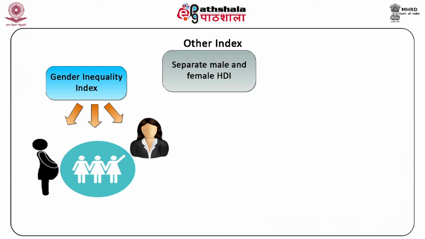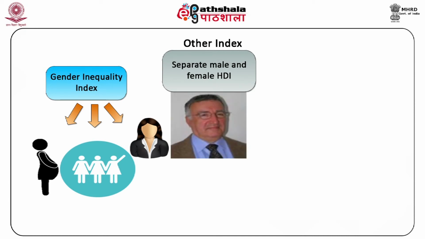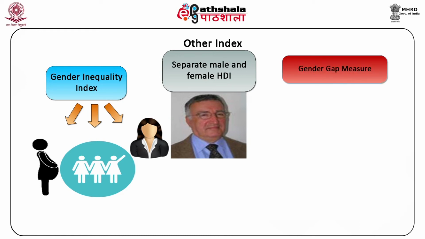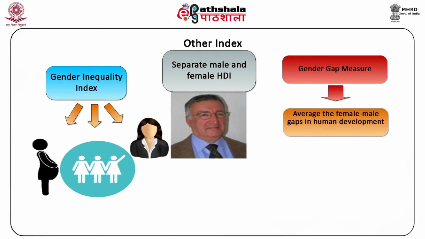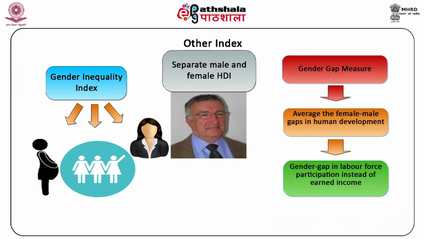Separate male and female HDI: economist Halis Akdar proposed in 1994 the calculation of separate male and female HDI. Gender gap measure: this is a measure of gender inequality which, instead of having to be compared to the Human Development Index, as the GDI is, would average the female-male gaps in human development and use a gender gap in labor force participation instead of earned income.